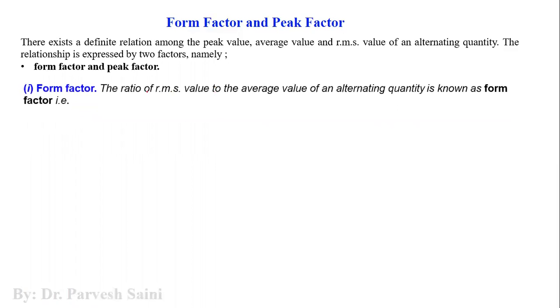Now, what is a form factor? A form factor is basically the ratio of the RMS value to the average value of the alternating quantity. It is represented by Kf, which is the RMS value divided by the average value of the given alternating quantity.